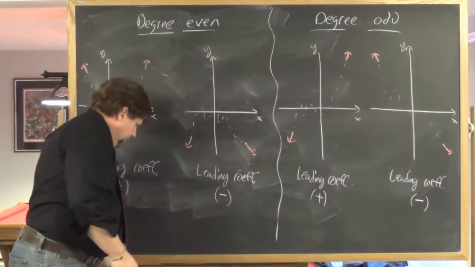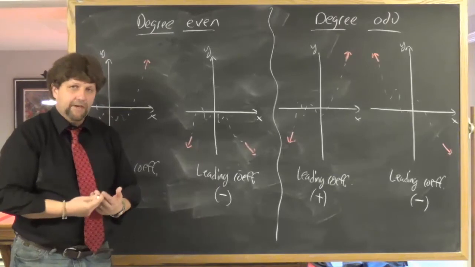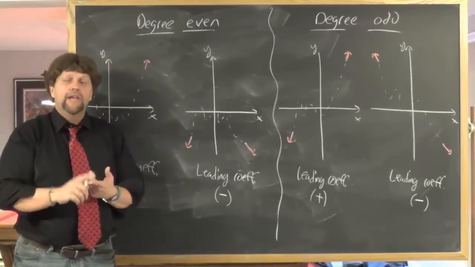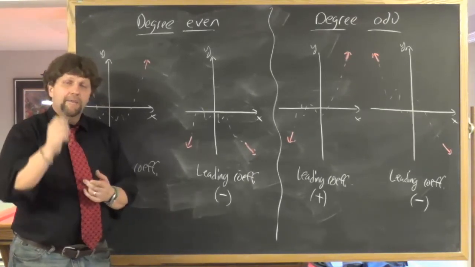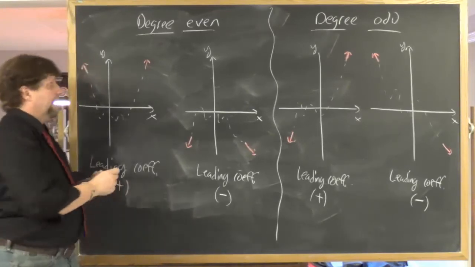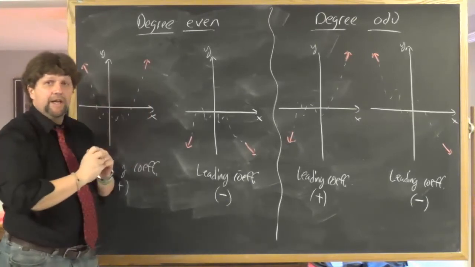These are just little tips to help us eventually graph polynomial functions. When I have a polynomial function, the first thing I look at is the degree and the leading coefficient. If my degree is even and the leading coefficient is positive, I know the end behavior of my graph. Both ends must be shooting up.